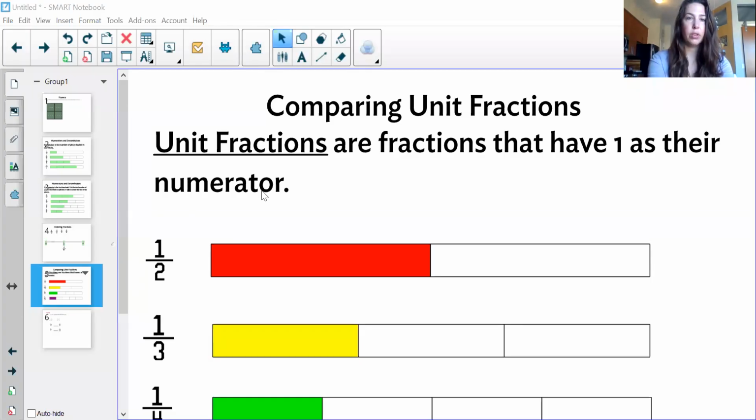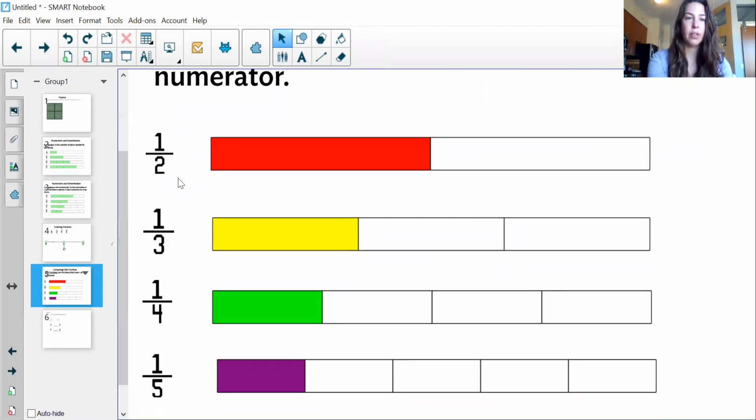Okay, so first of all, let's review what a unit fraction is. A unit fraction is just any fraction that has 1 as its numerator. So I put a bunch of examples here. 1/2, 1/3, 1/4, 1/5, and you could keep going. 1/6, 1/7, 1/8.